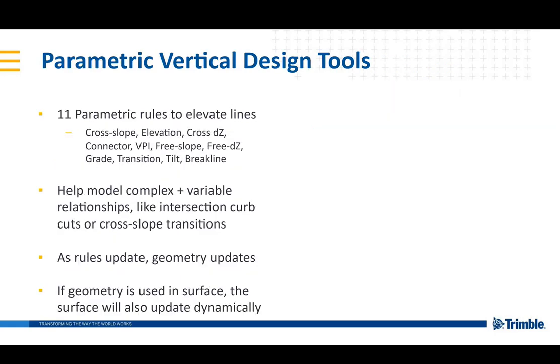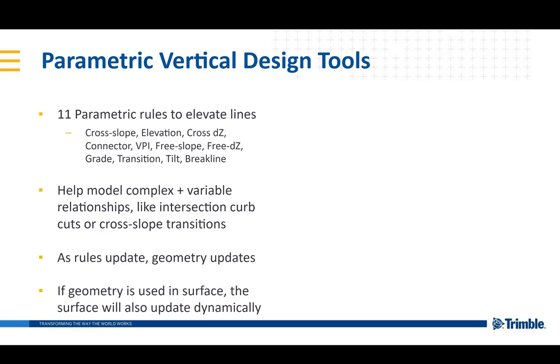All right, there's a set of really cool, powerful parametric vertical design tools. So vertical meaning elevation, assist. So when you're looking to elevate lines via parametric relationships, we've got cross slope and elevation, and cross deltas elevation, and 11 different rules here in 5.20 to help you elevate lines.